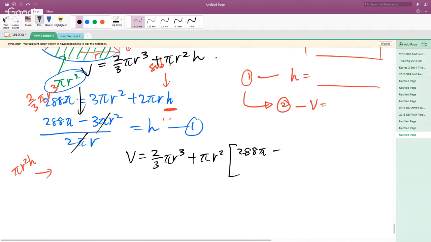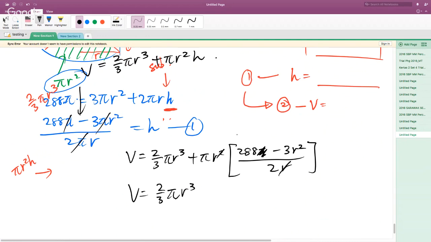Pi and pi I simplify. I mean 3R squared over 2R. Then I simplify this one: R and R I will cut, and then I multiply. 2 over 3 pi R cubed.